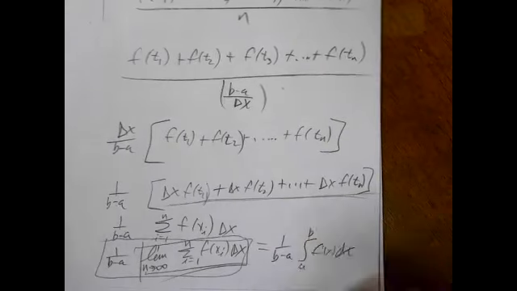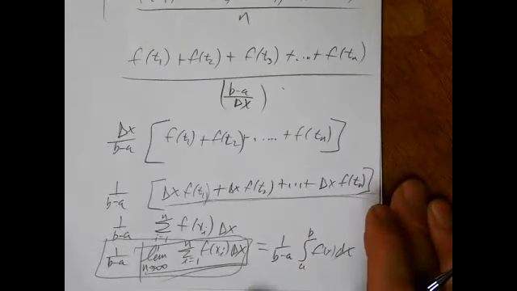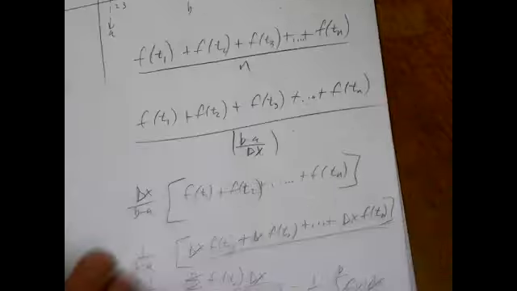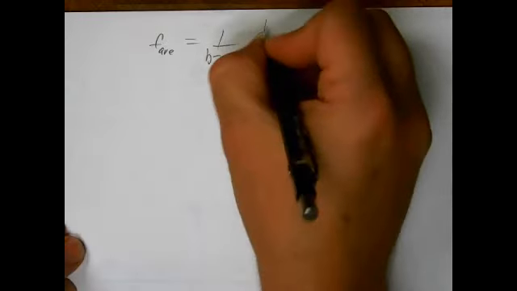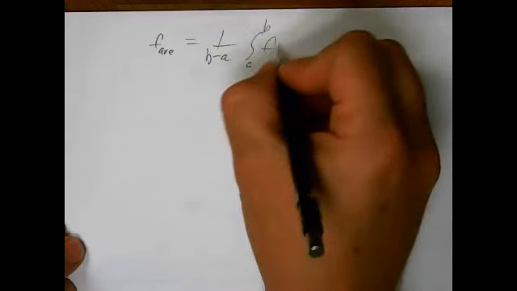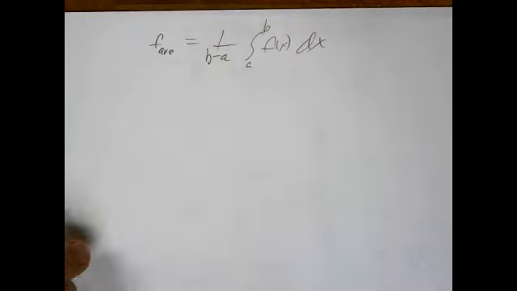So what we will do is formally define the average value of a function, often denoted with an f sub ave, as equaling 1 over (b minus a) times the integral from a to b of f of x dx.